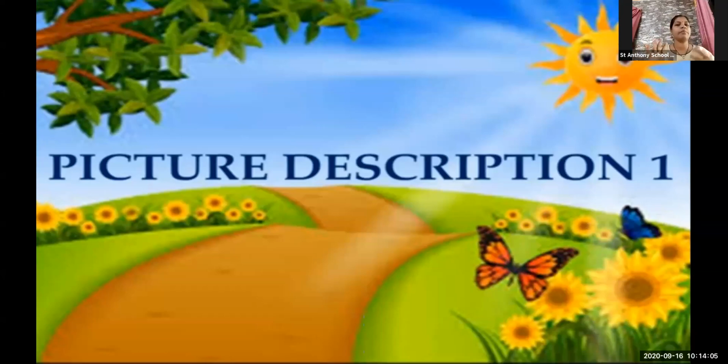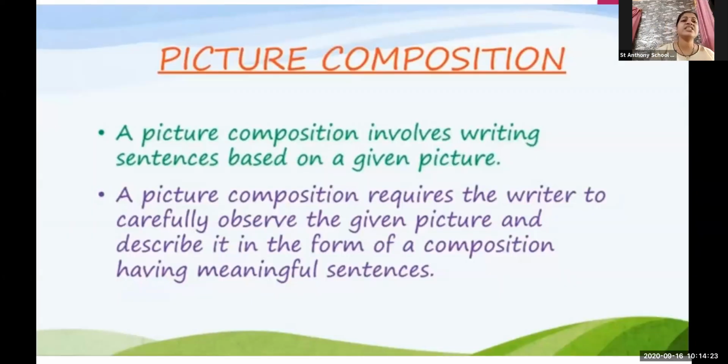For example, I'll show you the pictures, I'll give you some questions, and you just have to answer them in full sentences. After collecting all the sentences, you write a paragraph. That's a picture description. A picture composition involves writing sentences based on a given picture.